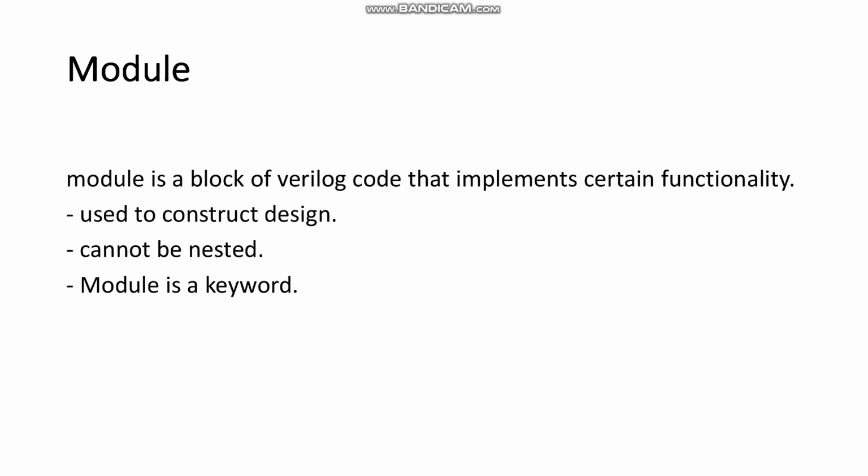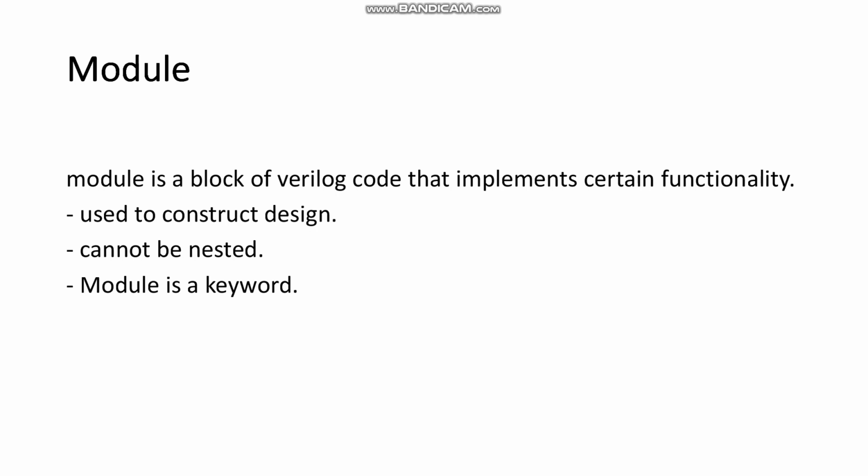For example, an AND gate, an OR gate, a half adder, or a 4-to-1 multiplexer with 2-to-1 multiplexers. Whether combinational or sequential circuits, whatever you want to implement, the module is a particular block of code for that functionality. It is used to construct a design.